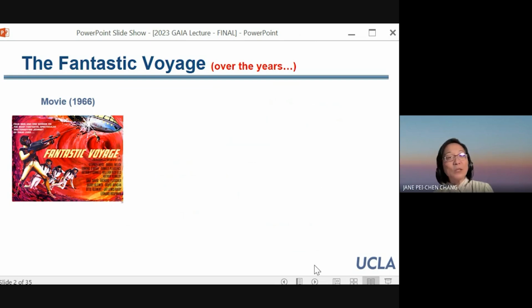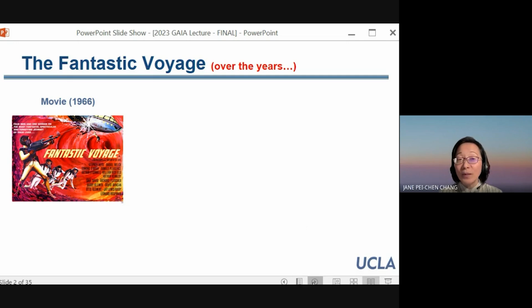The first time this term is used is actually in a movie in 1966. I did not know about this movie at the time because I was not yet born. But this is a sci-fi movie that talks about a fantastic journey of 4 individuals, actually 5 individuals in this particular case. Exactly what the story is will become clear in about a minute or two.